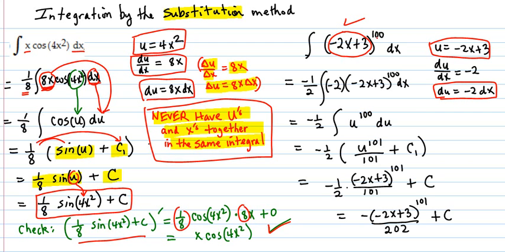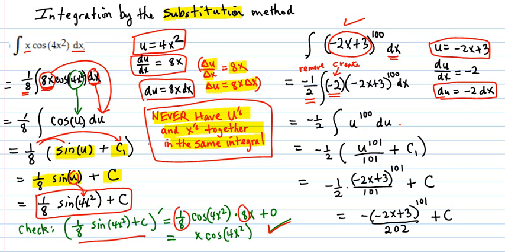Then I don't see the negative 2. I see the dx, but I don't see the negative 2. I have to create the negative 2 and remove it. That's the way we're going to do it. Create it and remove it. So it's negative 2, so I have to multiply it by negative 1/2.